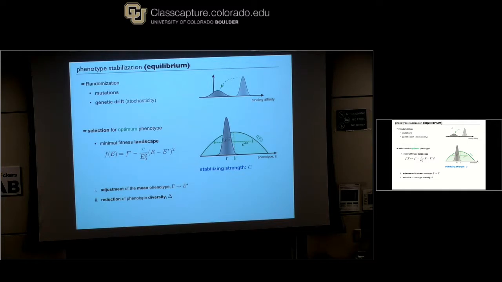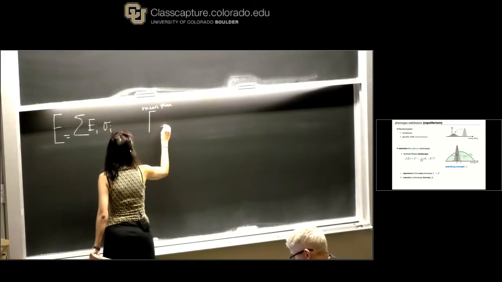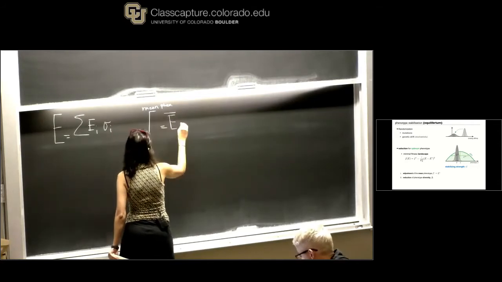If you were to write the mean phenotype, which we define as gamma, it is the average E within a population.